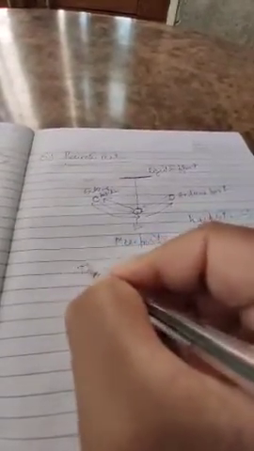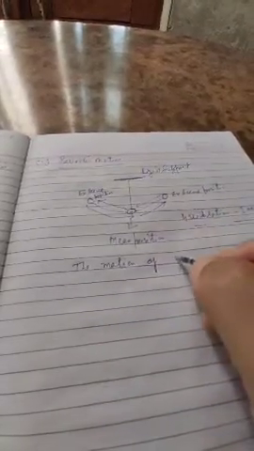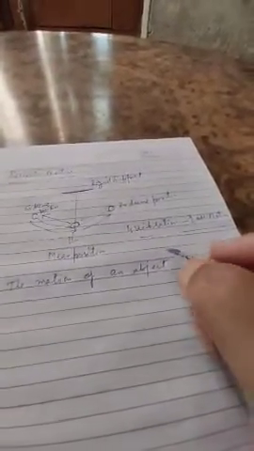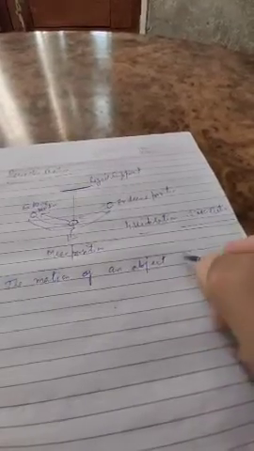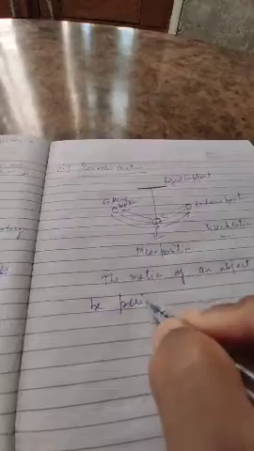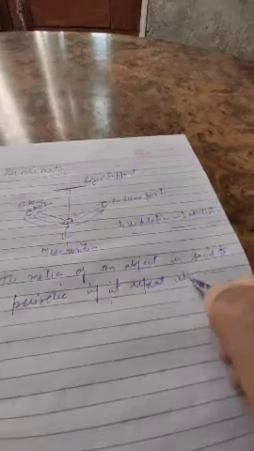The motion of an object is said to be periodic if it repeats its motion in regular intervals of time.